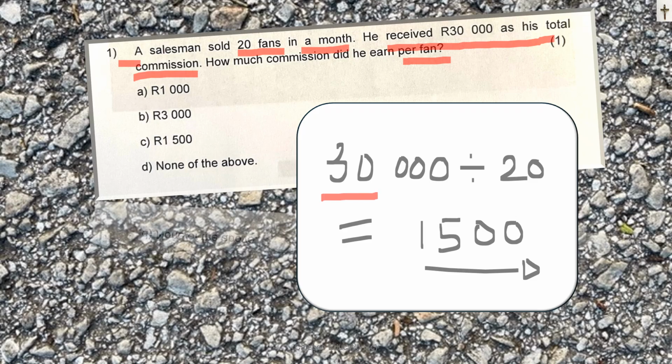He earned 30,000 and there were 20 fans. So we say 30,000, the total commission, divided by the number of fans, 20, is equal to 1,500. So the answer there would be C.